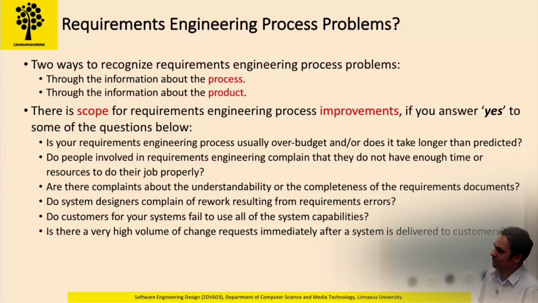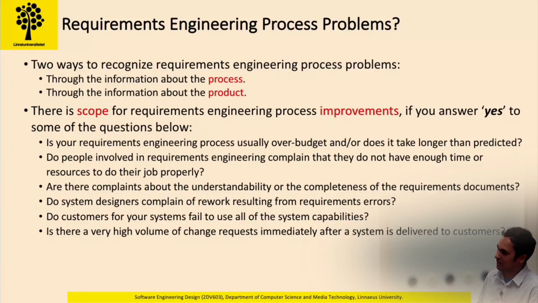And finally, if there is a high volume of change requests immediately after the system is delivered, then there might also be a problem in the process. Maybe the requirements were not well defined, and they were not developed accordingly, and customers are requesting a high number of changes on those requirements. So the requirements were not well analyzed, basically.